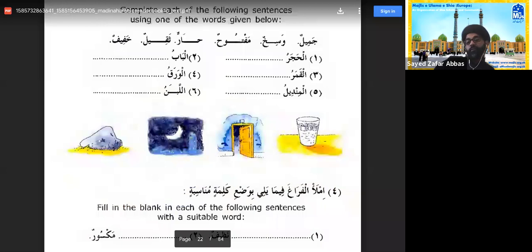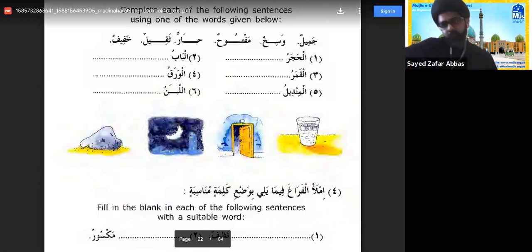Al-mindil. Which word do you think should go here with al-mindil? Al-mindilo.